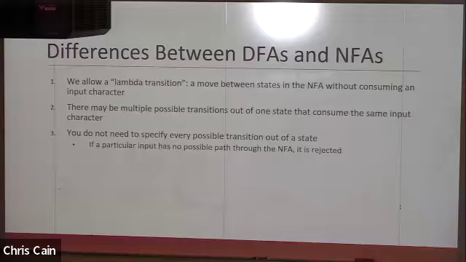Last, you don't need to specify every possible transition. So this can be a partial function rather than a total function. Before we needed trap states; in NFAs, we don't actually need them because we don't have to specify every transition. NFAs are capable of concluding that if there is no transition defined on the current character, we immediately reject.